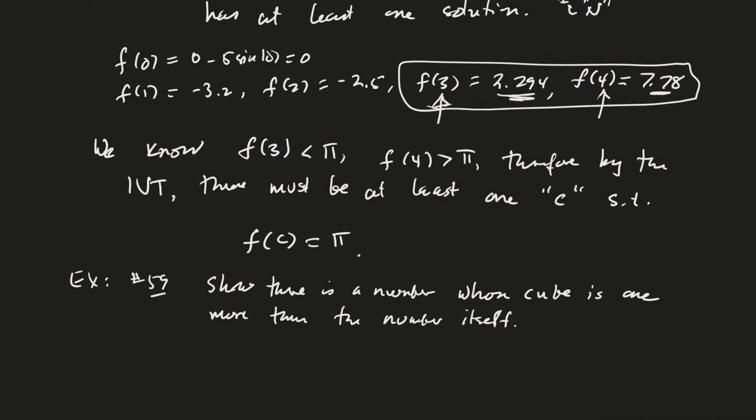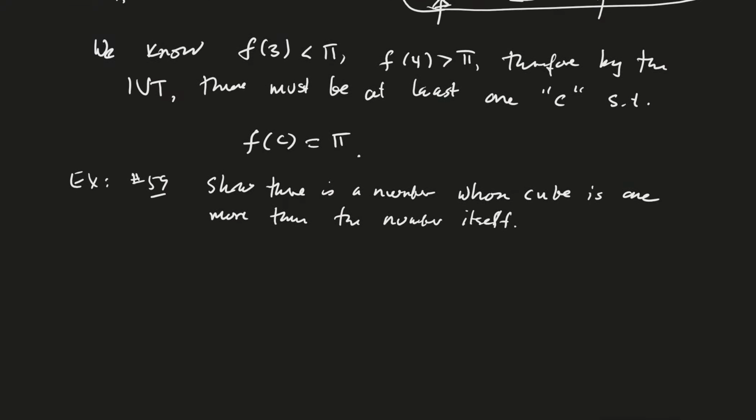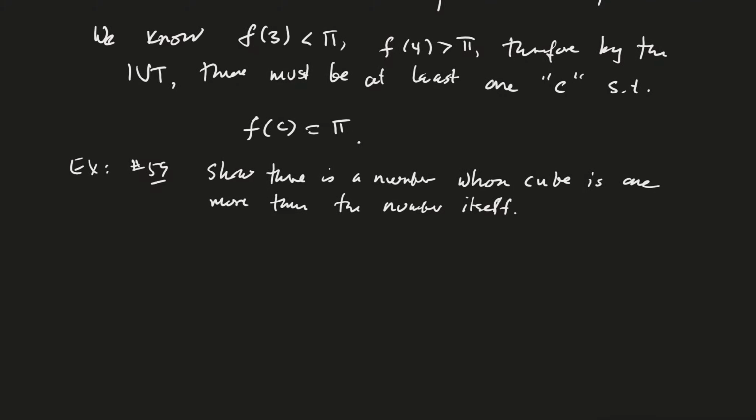A little bit of a story problem. So whenever you're dealing with a story problem, it's good to label your information. So let x be the number. Then just translating this equation, the cube, so x cubed, equals 1 more than the number itself, which is x plus 1.